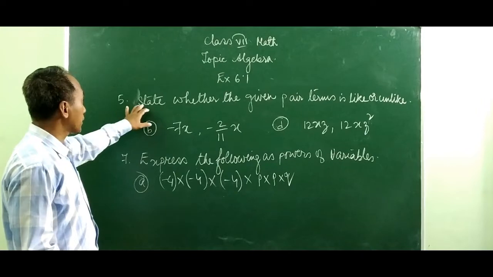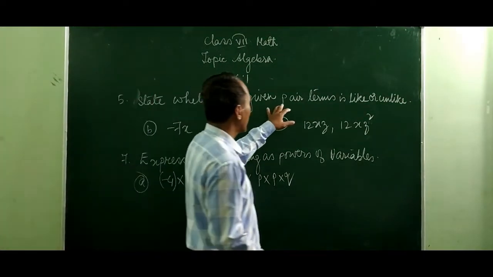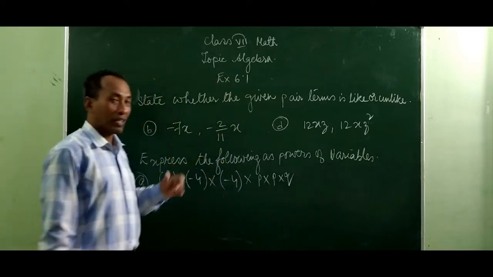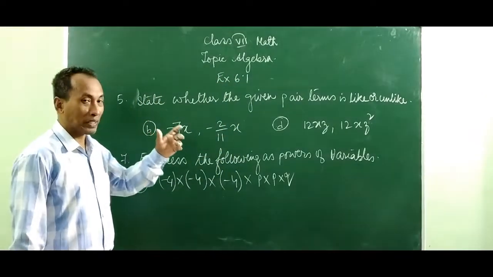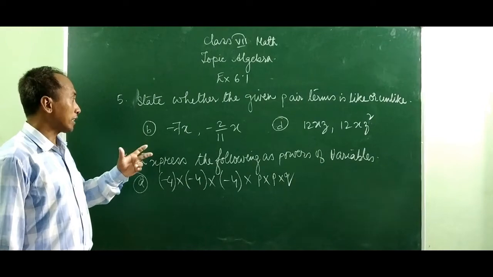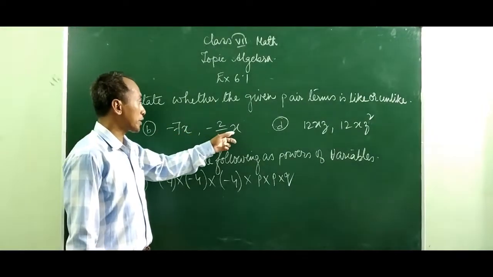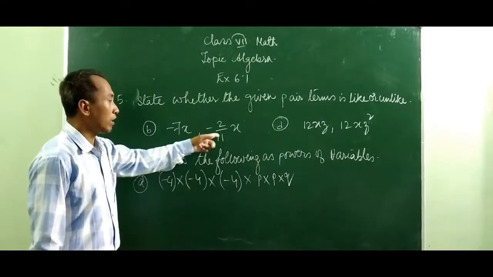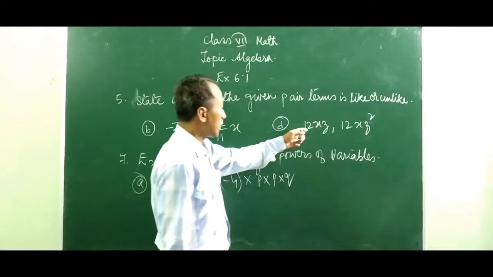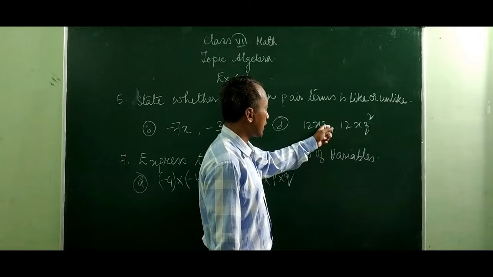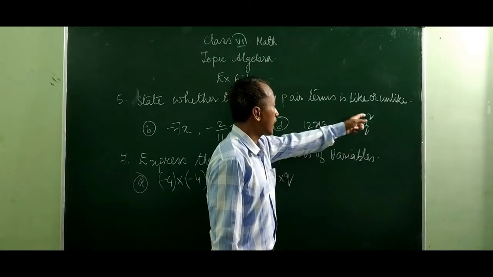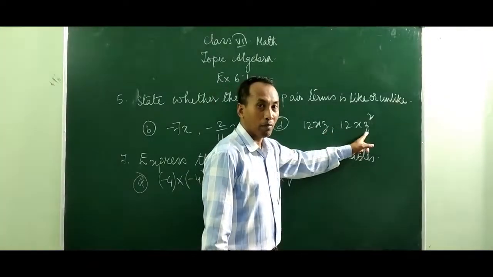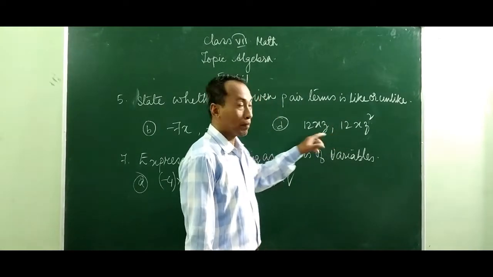Question number 5. State whether the given pair of terms is like or unlike. In my previous video, I have already taught you about like and unlike. Like terms are if the variables are same. If the variables are same, then it is called like terms. Here also you see, variables are same xz, but the powers are not same. If the powers are not same, variables are same, then it is unlike term.